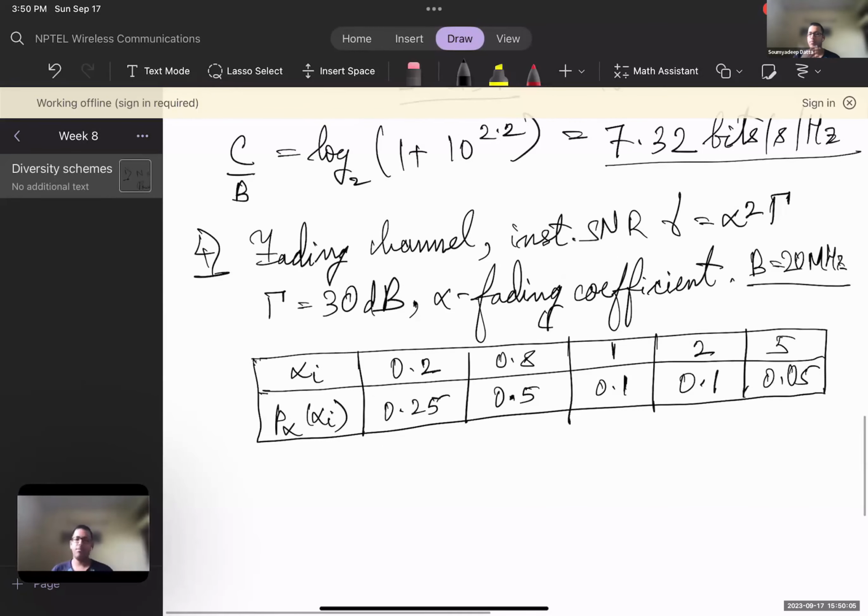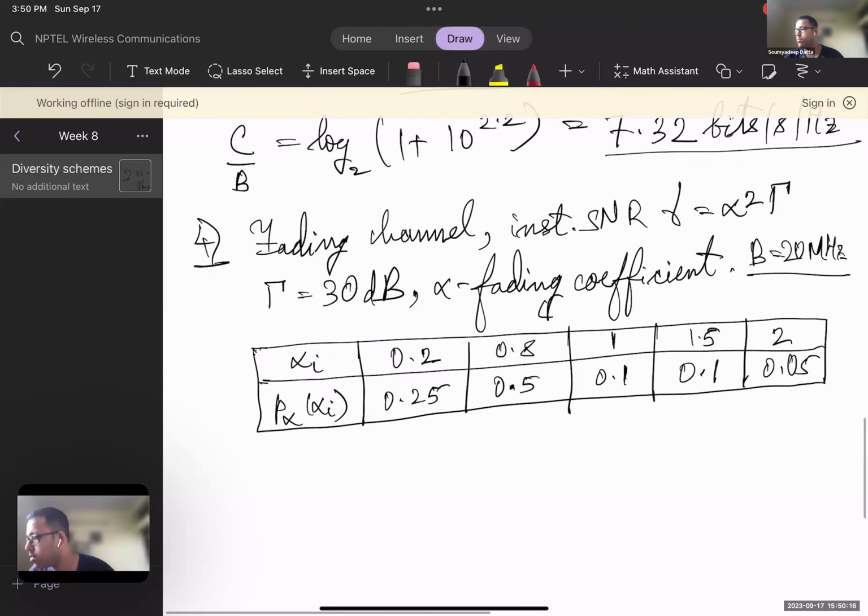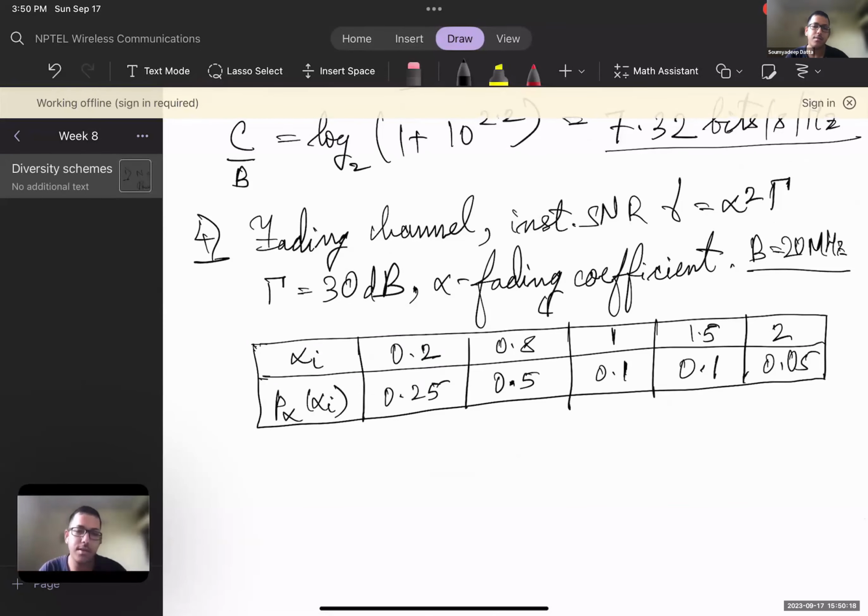I just made up values here. Let's not make it that extreme. Let's make this 2, and let's make this 1.5. So you're told this is the profile of the fading channel.